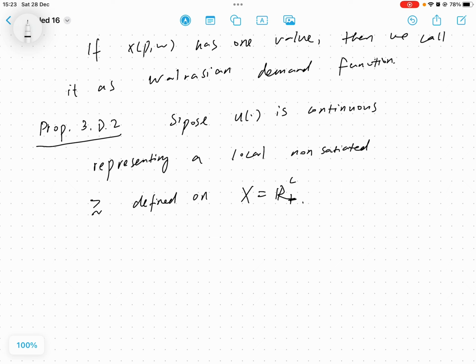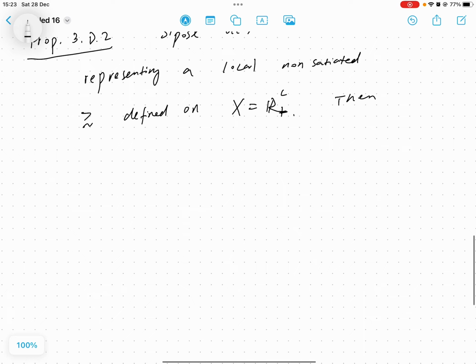Okay, let's continue on this proposition. So suppose the utility function is a continuous utility function representing a locally non-satiated preference relation defined on X, which is the L-dimensional positive real numbers, a vector.